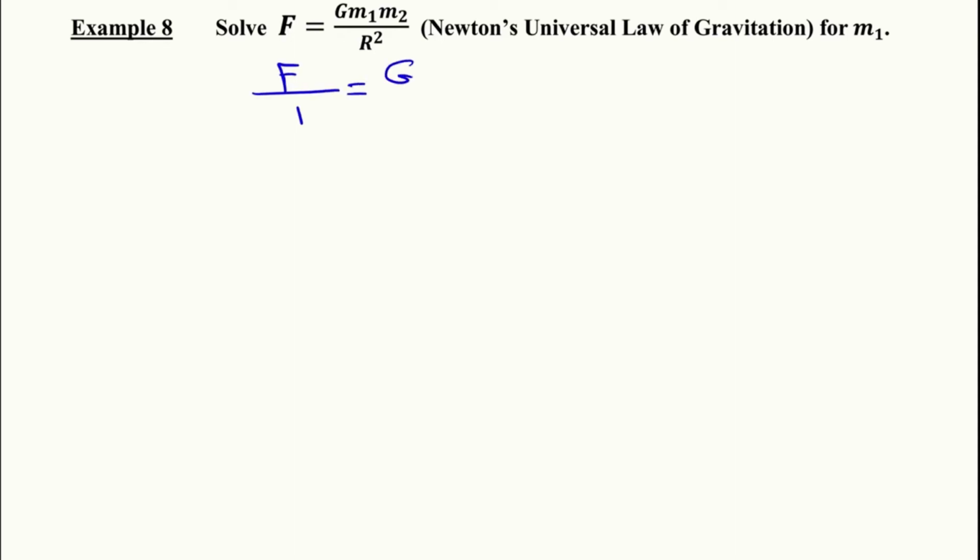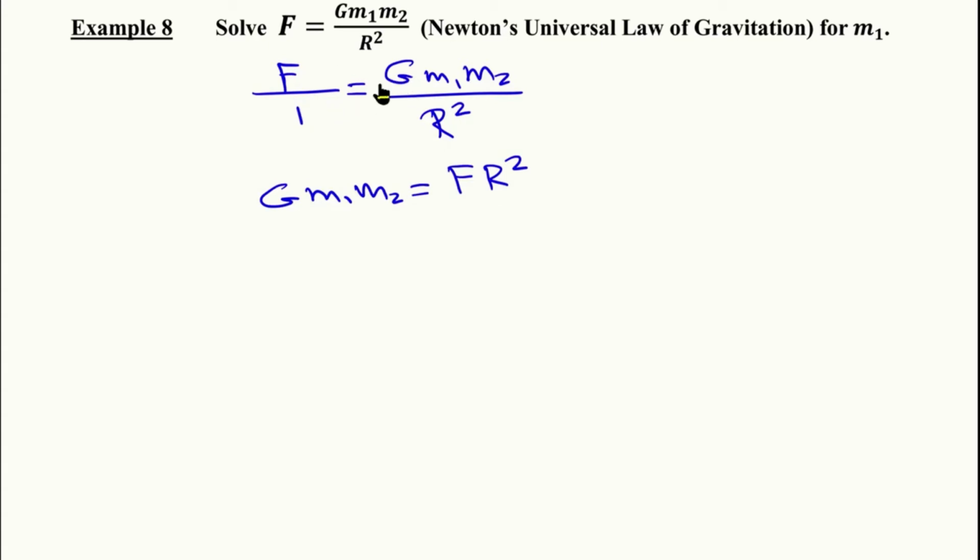So we get G m1 m2 over r squared. We're solving for m1. We're going to go ahead and cross multiply, so we get G m1 m2. One of the really important things in formulas is to make sure that you watch the capitalization, whether something is lowercase or uppercase.